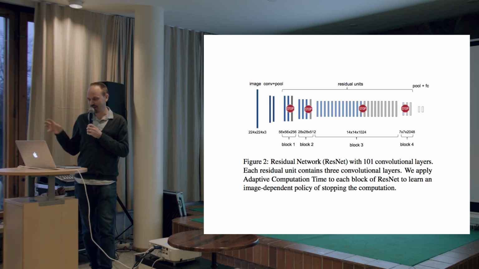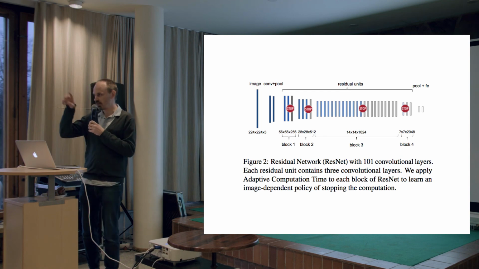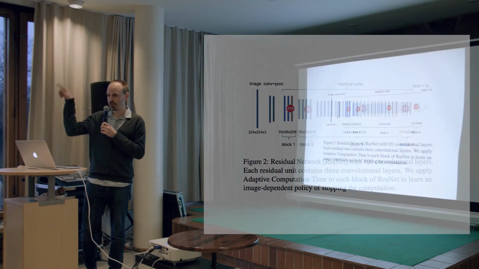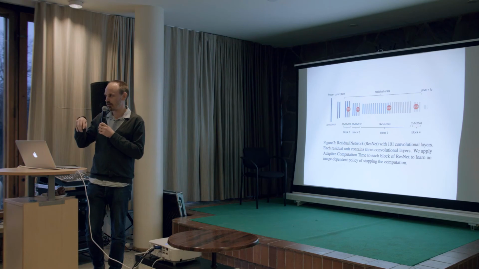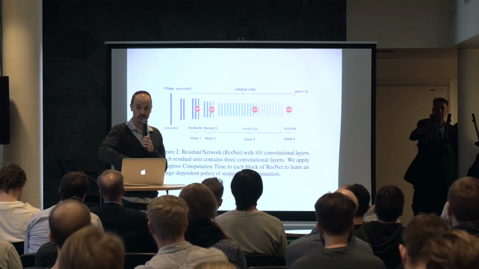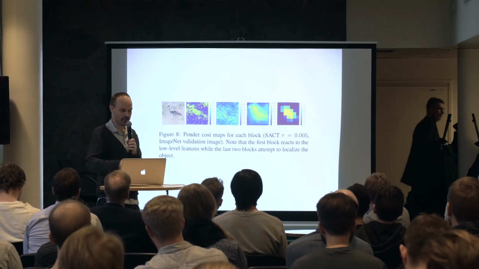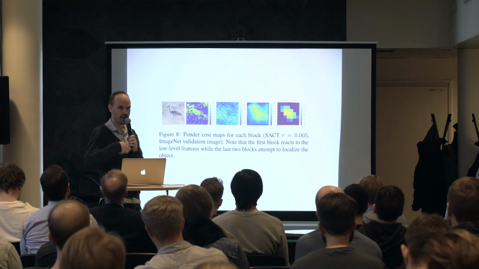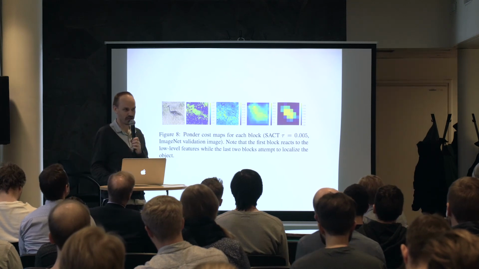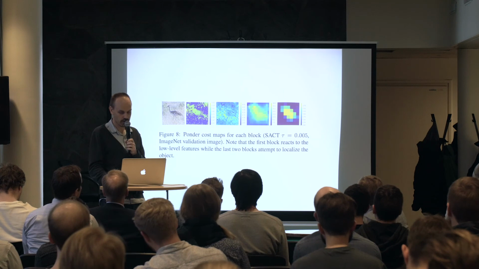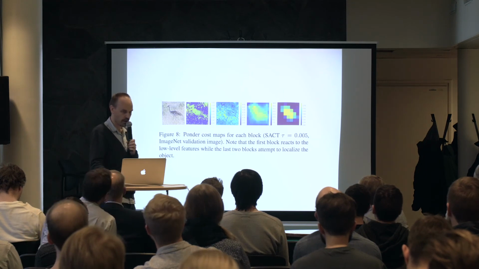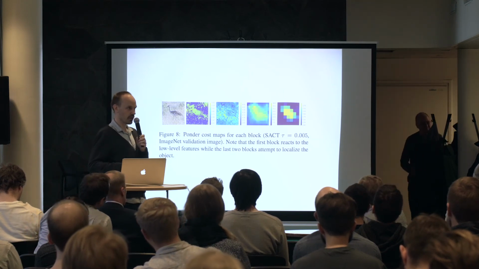What's interesting here also is that we can do this pixel-wise, so for each of the pixels of the image, or each location in the image, we can choose different points to stop. And if we do that, then we get interesting images about where the network spends its time on computation. And I think this is another idea.